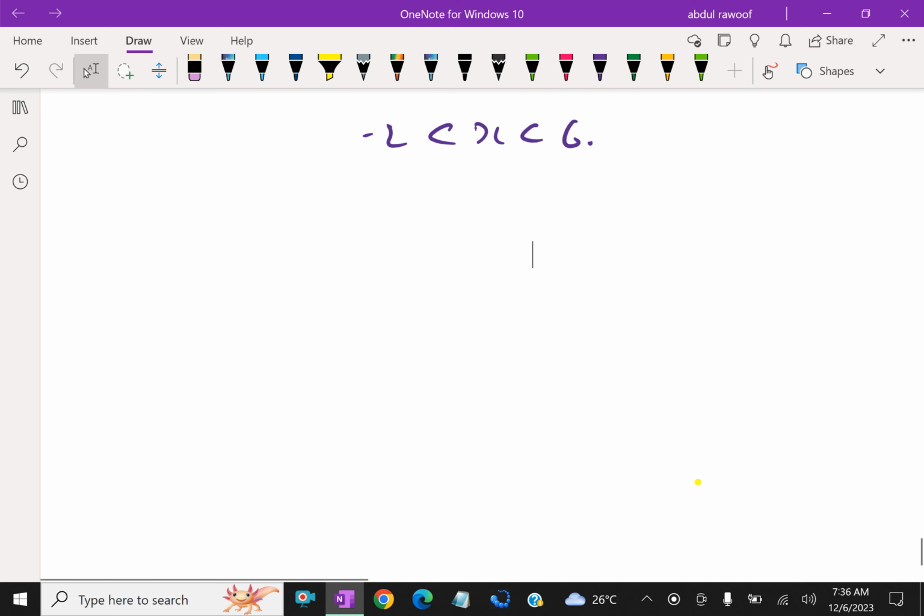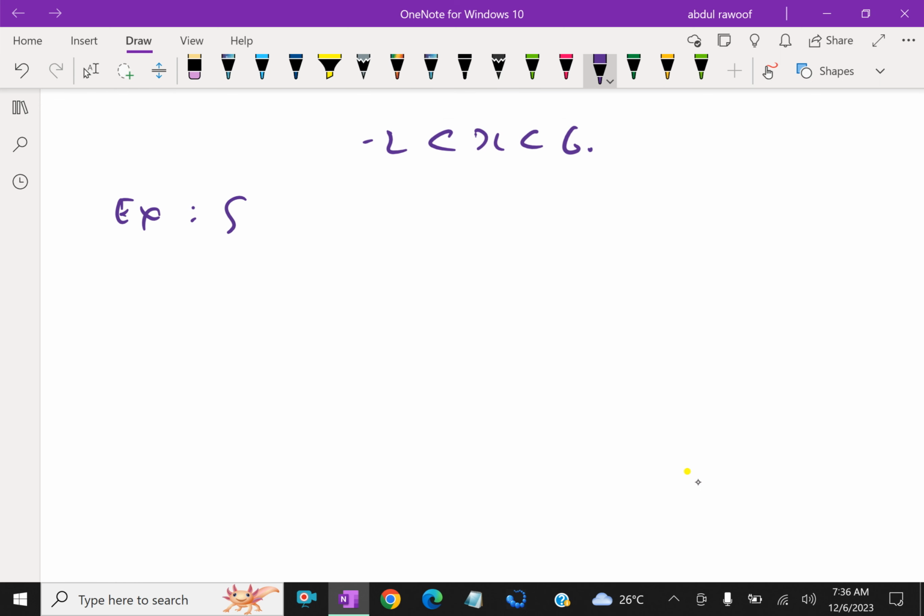Now let us solve some equations with inequalities. So absolute value of x plus 3 is lesser than 5.